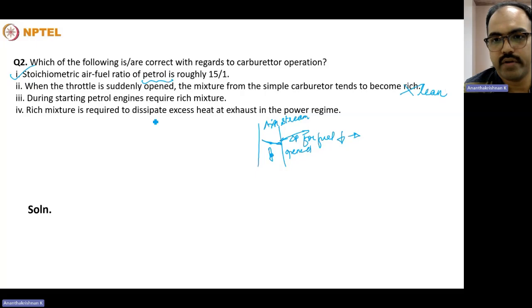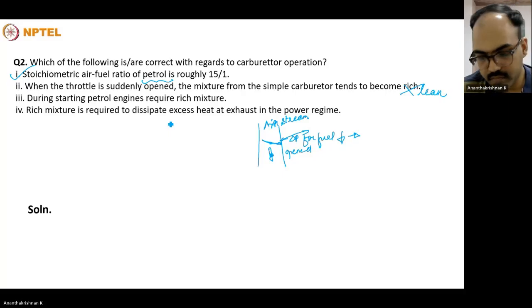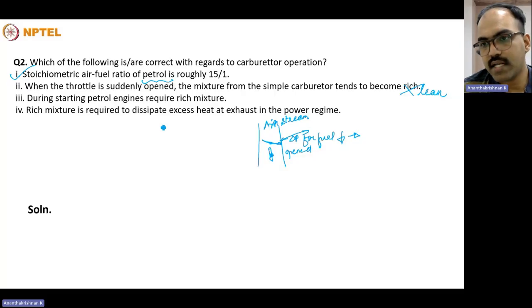Then the third one: during starting, petrol engines require rich mixture. Yes. In the case of cold start, when the incoming air's temperature is very low, the combustion will be really poor.